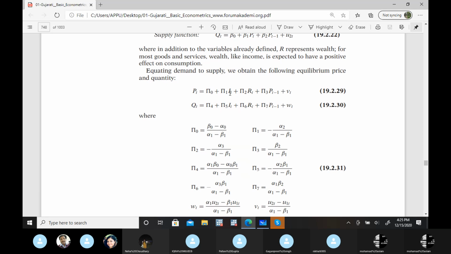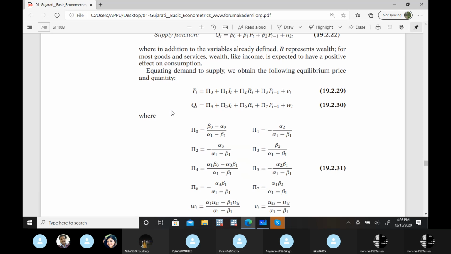So if we run regression on these equations, then there is no problem of biasness and inconsistency. So in this case, let's take the first case, this particular equation in form of price. If we run the regression, we will get estimates pi 0, pi 1, pi 2, pi 3. 4 estimates.